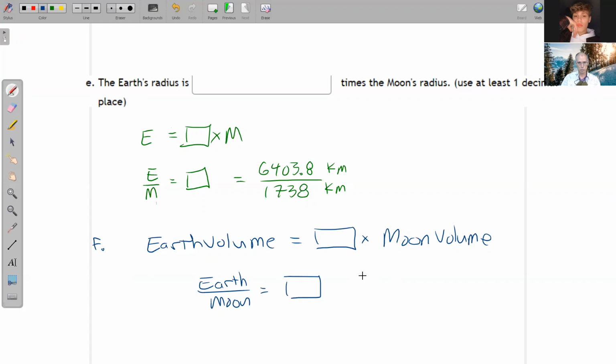That will tell us how many times bigger the Earth is. So let's see, what did we get there? We had that Earth was 1.1 times 10 to the 12th power volume. That was kilometers cubed. If I make a mistake, let me know. We discovered the moon was 2.199 times 10 to the 10th, I believe. Let's double check the notes.